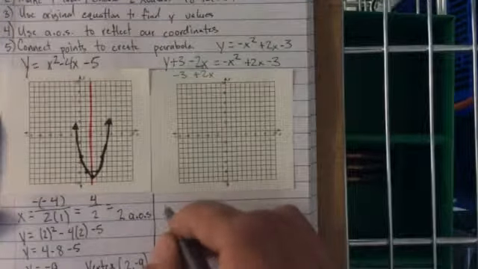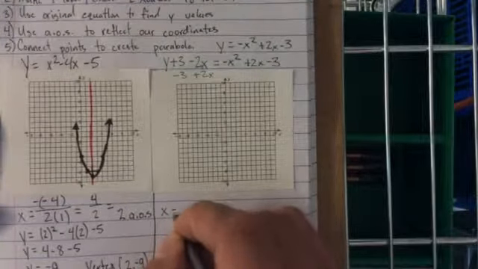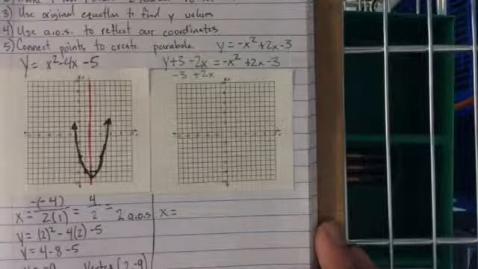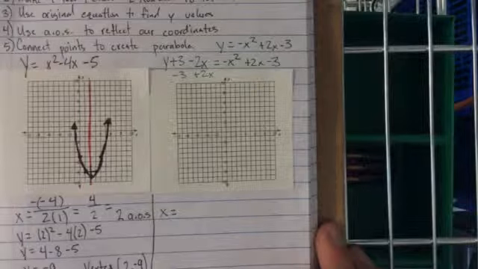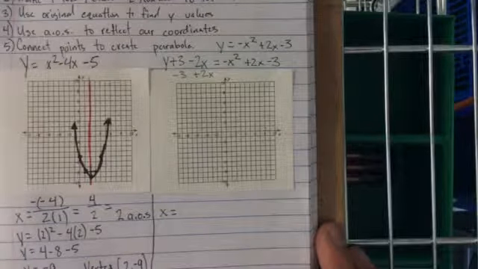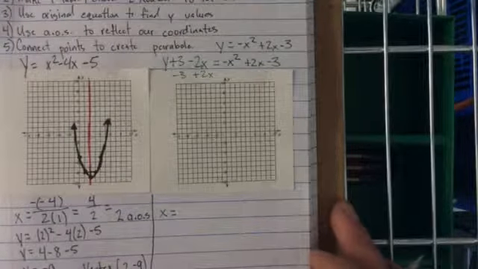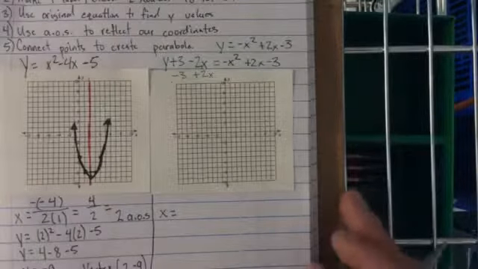So we start off by finding the axis of symmetry, where x equals what? Vertex formula. So we have negative b over 2a. What's that look like?